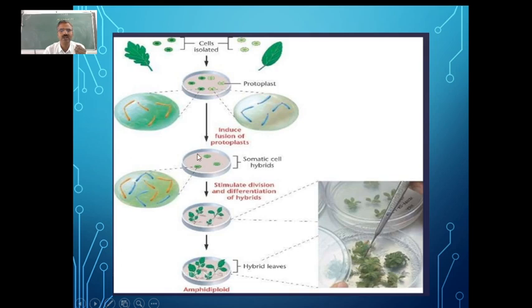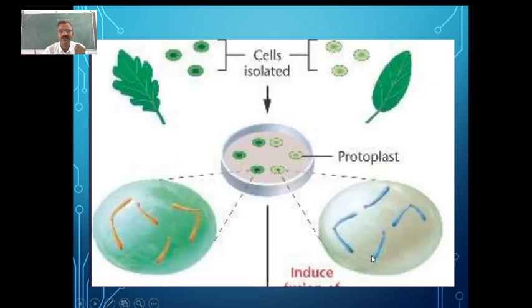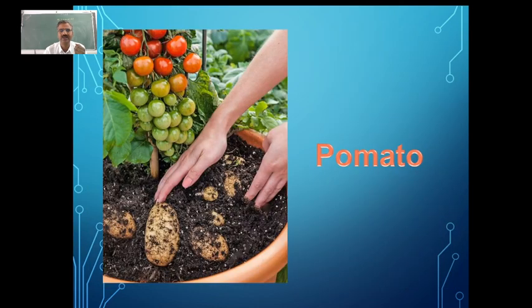You can see they form the somatic cell hybrids in this case, and they develop into this one, the one with both the tomato and also potato characteristics. That resulted in this one, which we call tomato. This we call somatic hybridization.